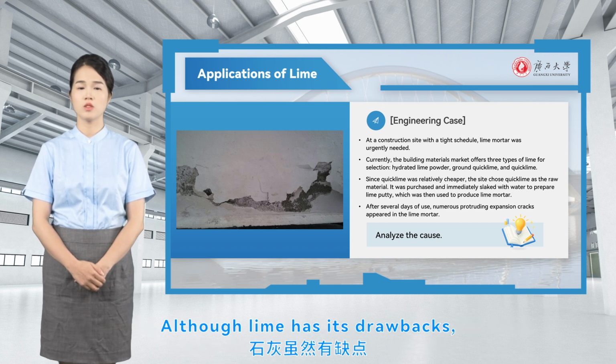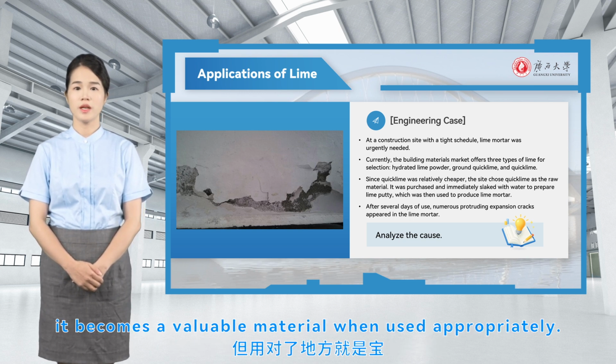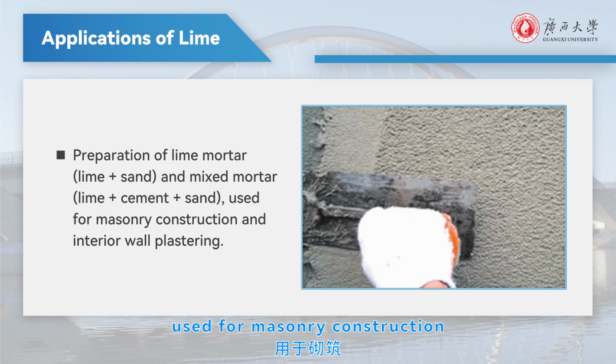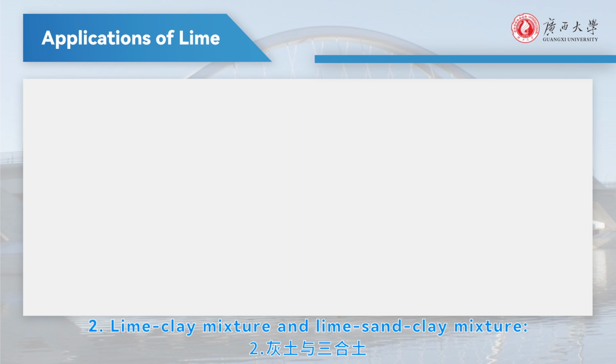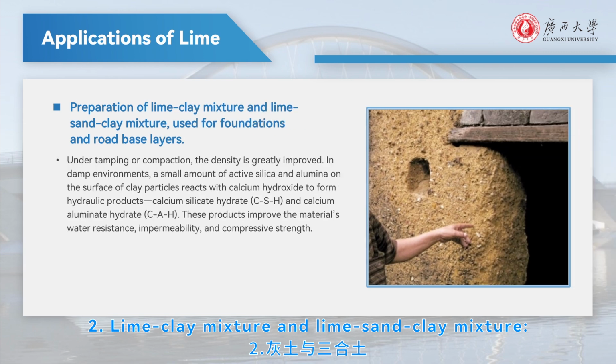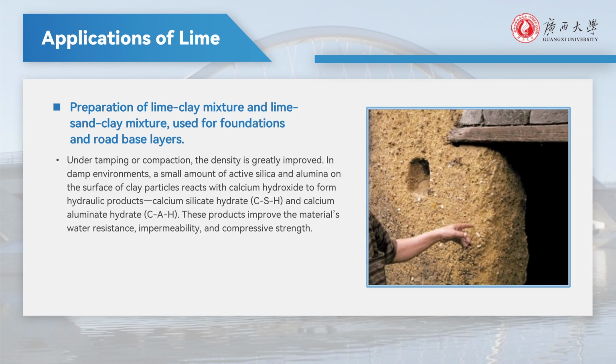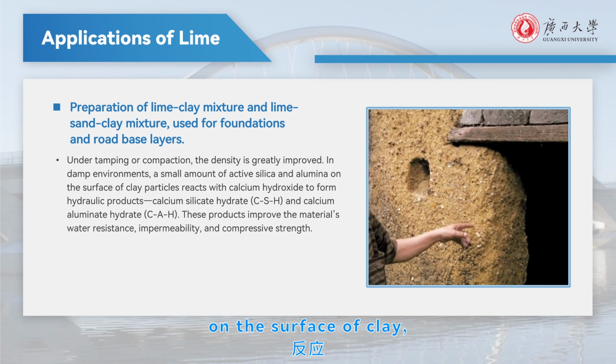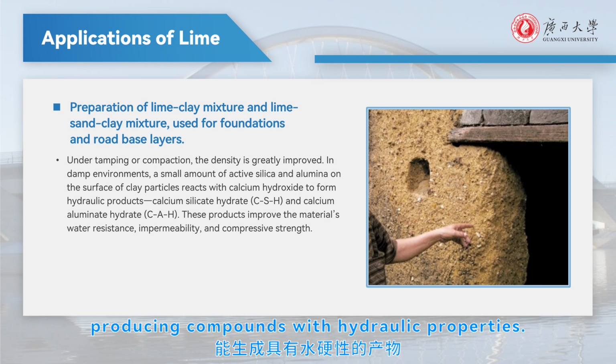Although lime has its drawbacks, it becomes a valuable material when used appropriately. 1. Lime mortar, used for masonry construction or interior wall plastering. 2. Lime clay mixture and lime sand clay mixture. The two mixtures are mixed and compacted. In damp environments, lime reacts with the active substances on the surface of clay, producing compounds with hydraulic properties.